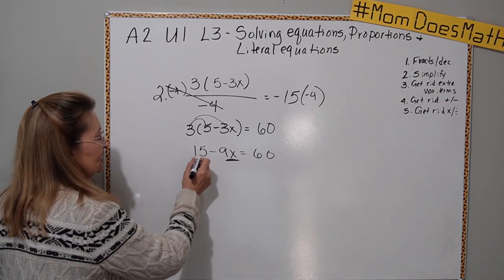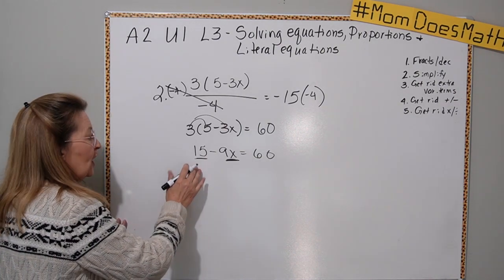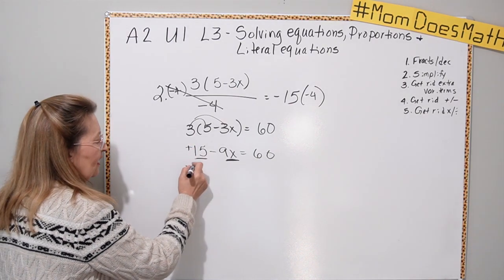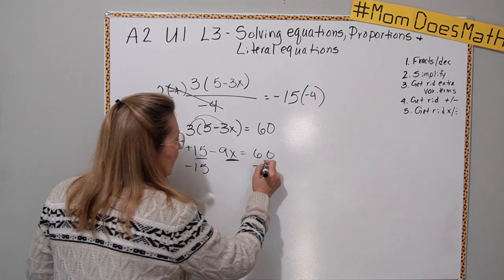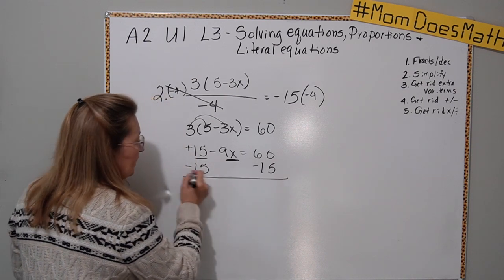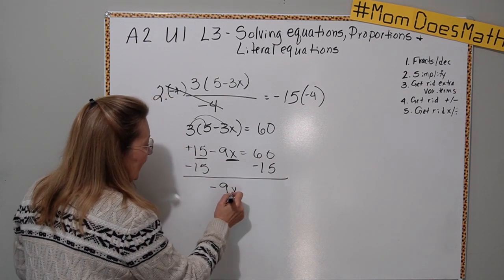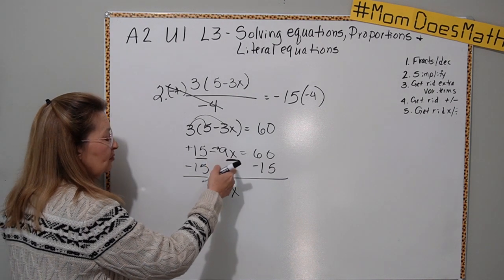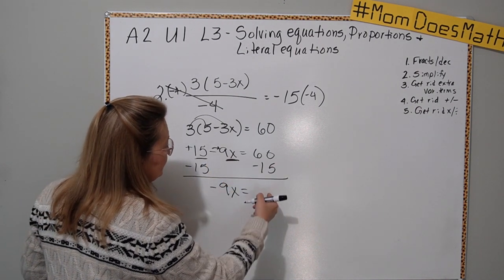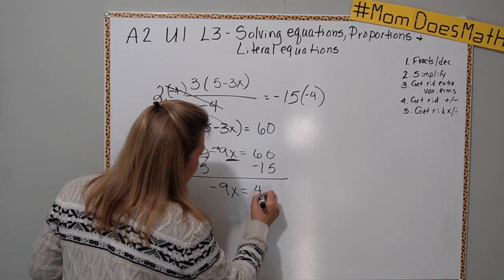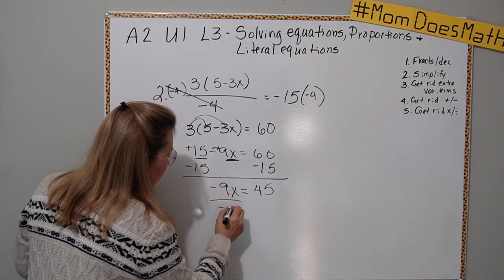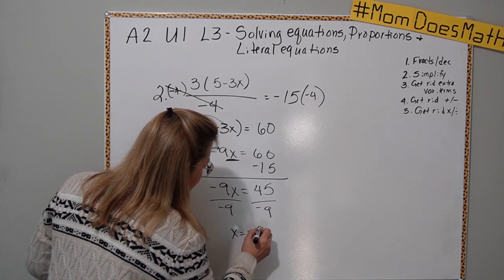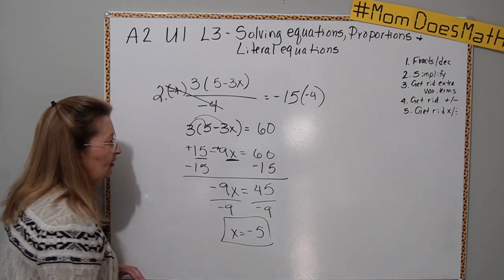This 15 is joined to it by the sign in front of it, which is a positive sign. So to get rid of it, I have to subtract it. Now what I have left is 9x. This minus sign belongs to the number behind it, so it belongs to 9x. And 60 minus 15 is 45. Divide both sides by negative 9, and x is equal to negative 5.